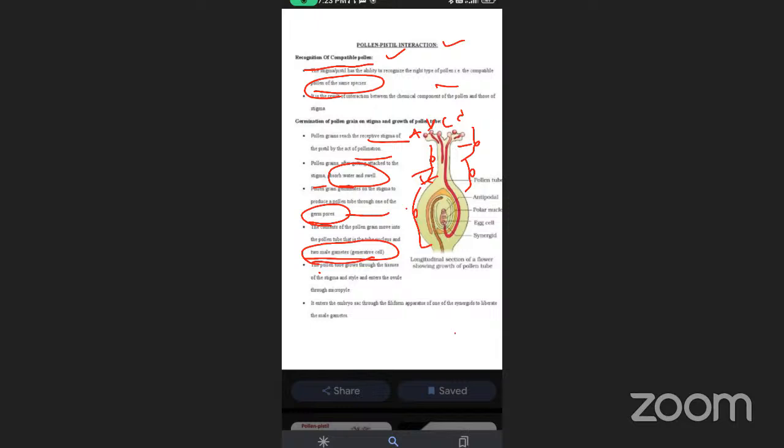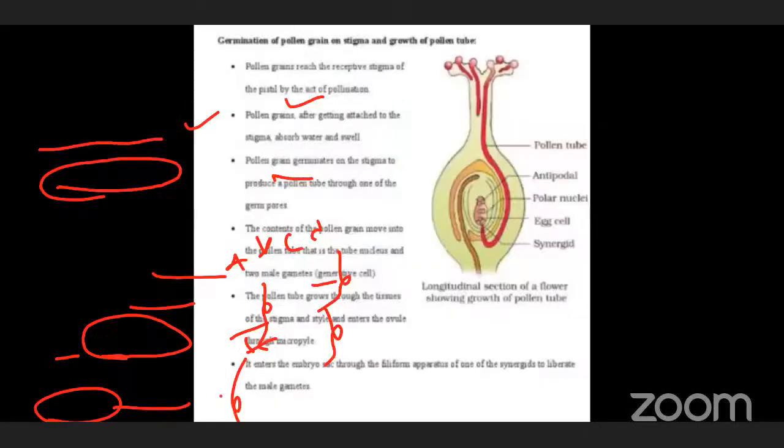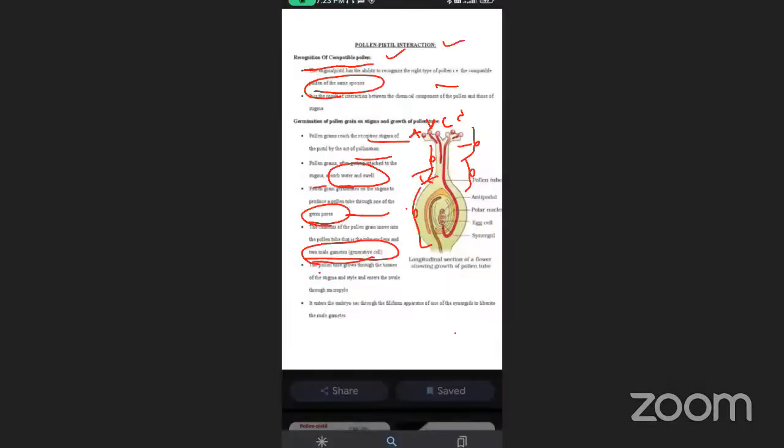Is it clear? Also, it is not given in our book that apart from the chemical reaction between the pollen grain wall and the stigma, some genes are also involved. The genes of the same species are also involved in the germination of the pollen grain or pollen tube.